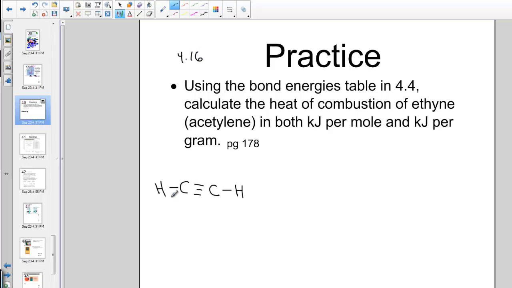Alrighty. So I have HC triple bond C single bond H plus O2, forming carbon dioxide and water.